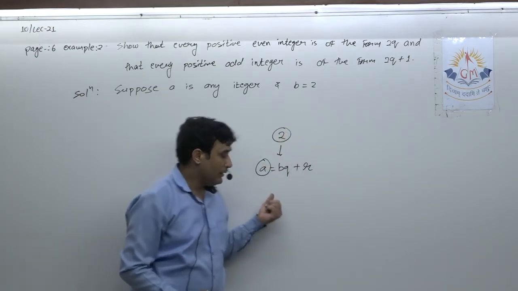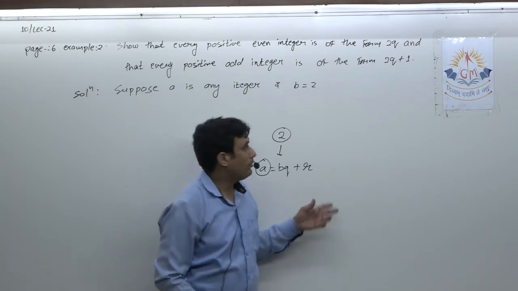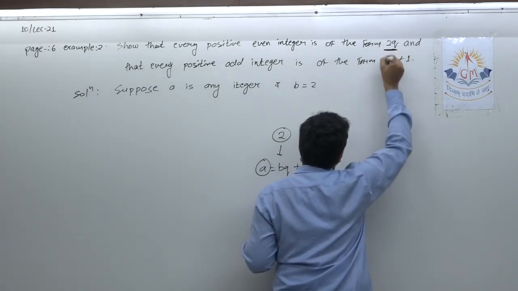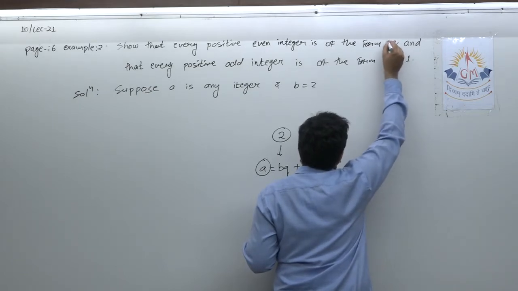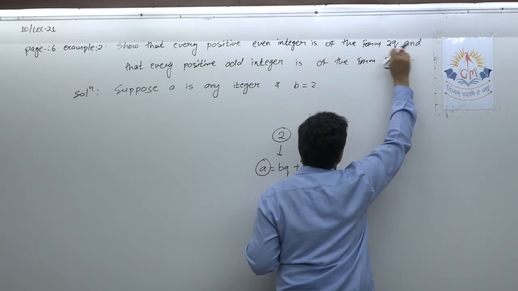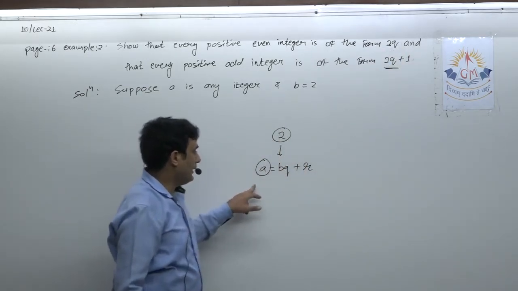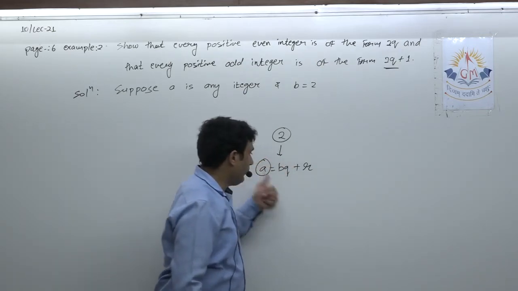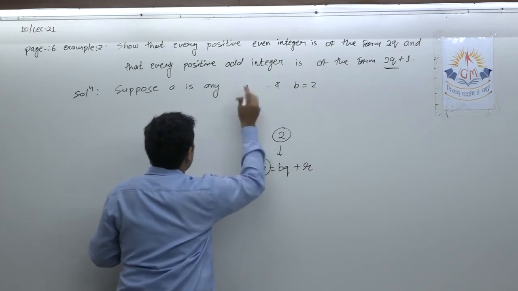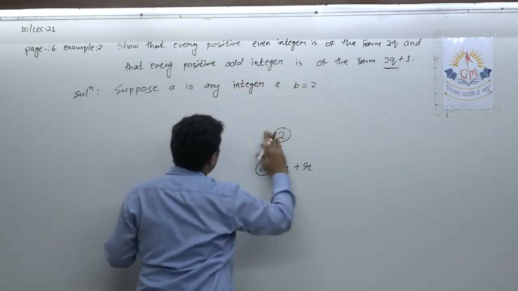Why am I taking b equal to 2, why not 3, why not 4? Because we have to prove something in this form where the numeric value is 2, so by this we get an idea of what value of b we should take.